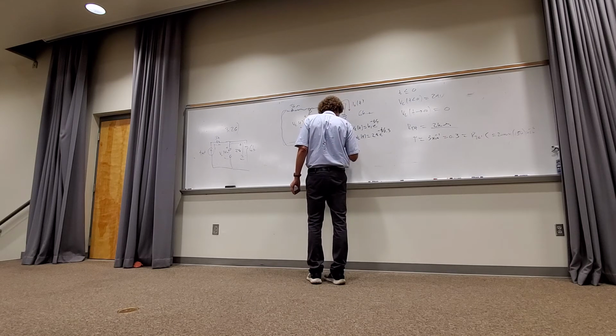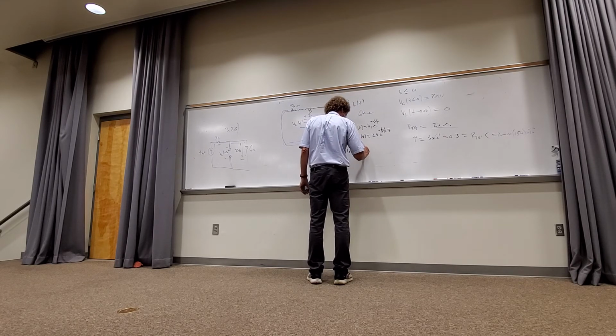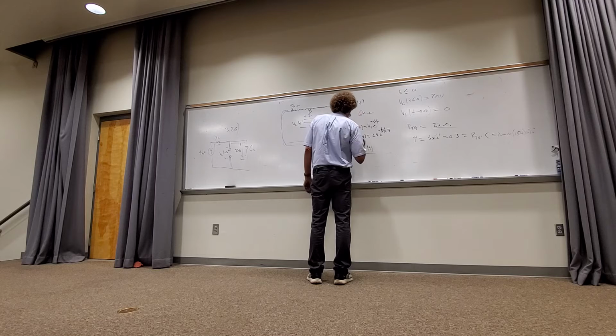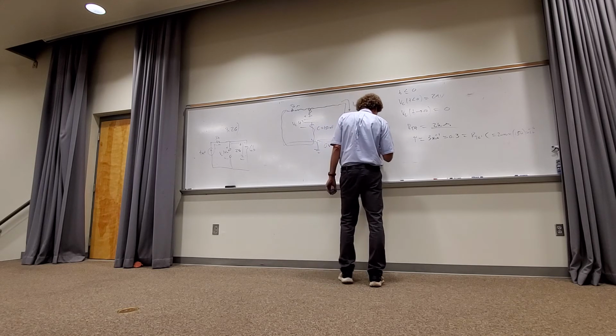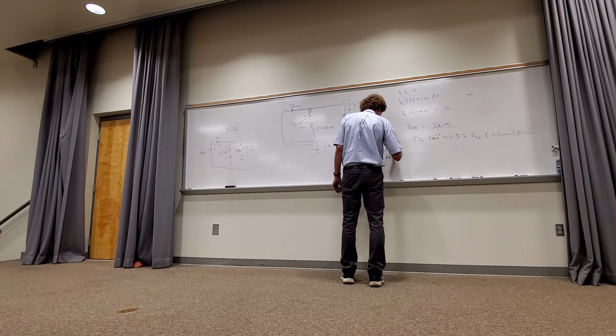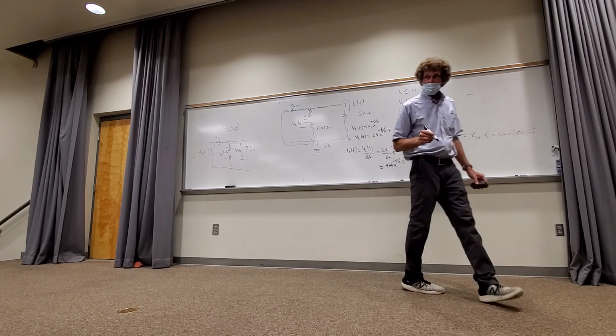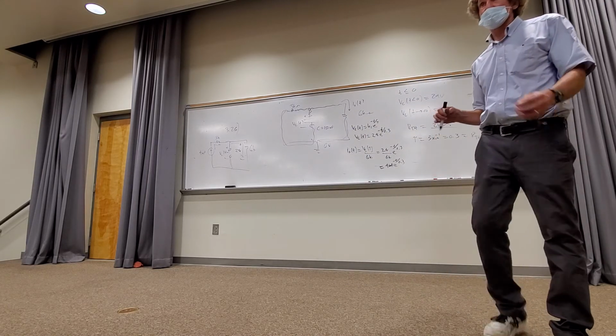We say I naught of t is simply Vc of t divided by 6k, or 24 over 6k e to the minus t over 0.3, which is 4 milliamps e to the minus t over 0.3 for t greater than 0. And that should be the right answer in the book.